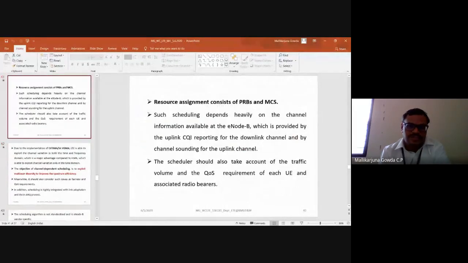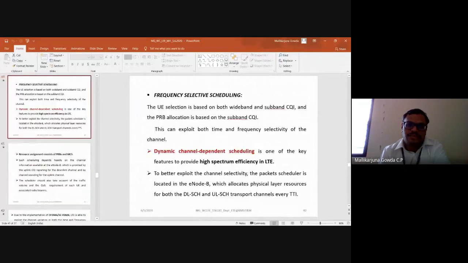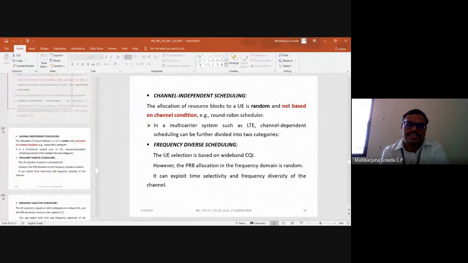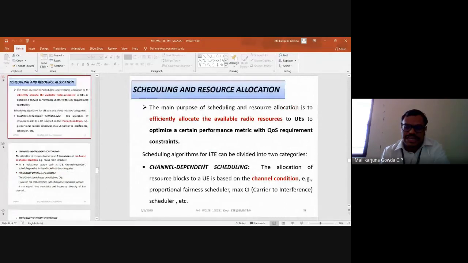I talked about different types also. I said broadly two types: one is channel dependent scheduling and the second one is channel independent. In channel dependent scheduling, the allocation of the resource blocks to the user equipment is based on the channel condition, which is determined based on the carrier to interference ratio and other things.